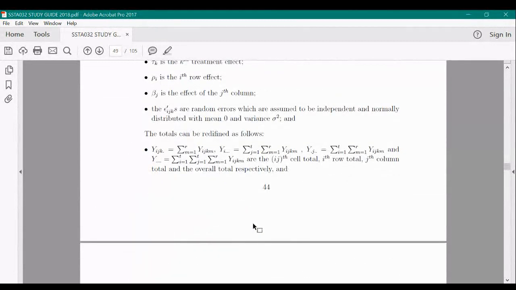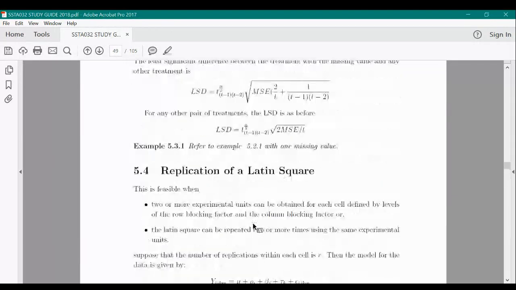Oh yeah, here's the part that we're going to discuss, guys. A replication of Latin square. This is feasible when two or more experiments can be obtained in each cell, defined by levels of row blocking factors and column blocking factors.